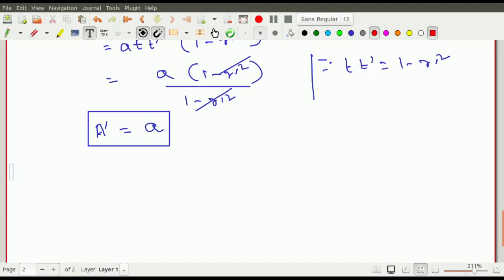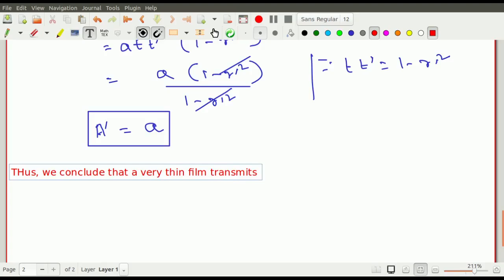So what is the conclusion? Thus we conclude that a very thin film transmits the whole of the incident light to the other side.